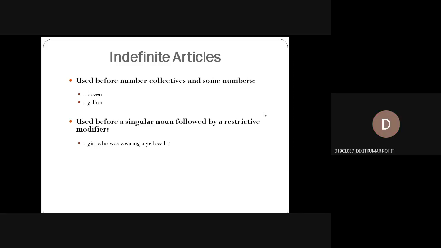But no, we cannot put articles anywhere we want. These are the only places I'm showing you right now on the screen, in bold. Only in these cases you can use articles, and that too specific articles. For the indefinite article a and an, here you can only use a and an, you cannot use the.